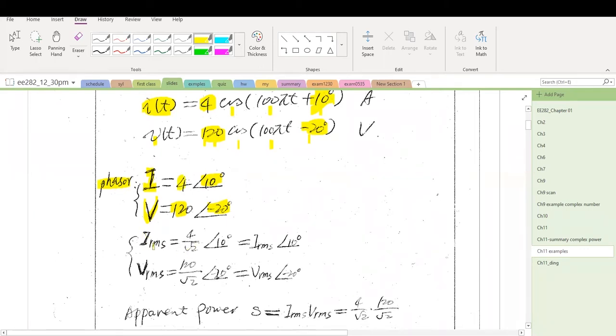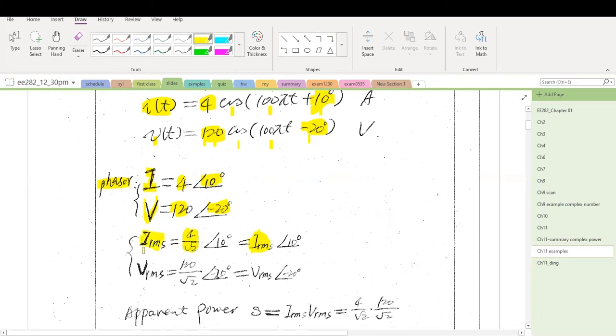So I_RMS equals 4 divided by square root 2 at 10 degrees. This quantity is a scalar, and this is a complex.